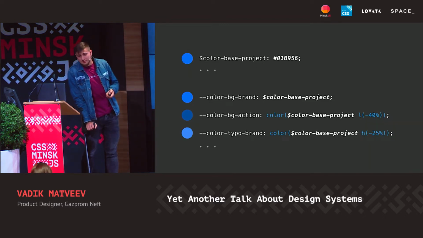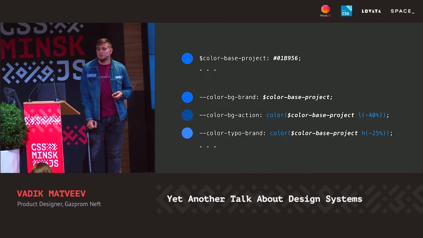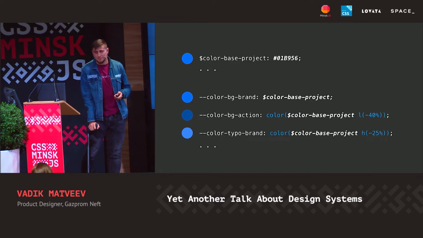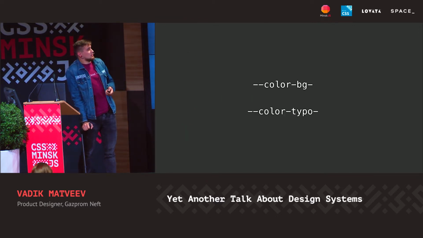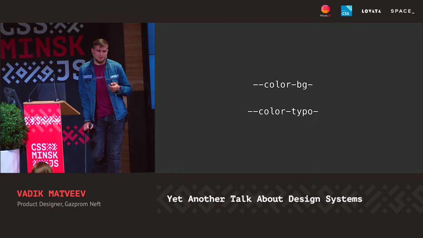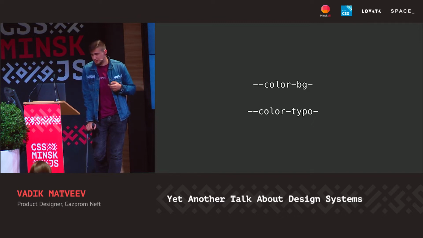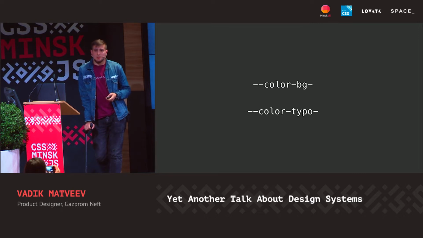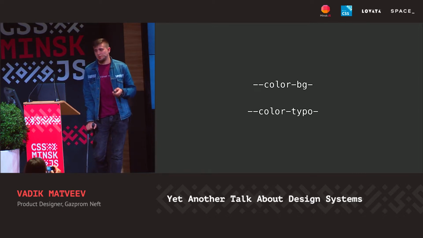They're PostCSS variables for use in color function operations. We calculate an extended palette from base variables to custom properties. As a result, we have two sets of colors, for background and for text, with prefixes color-bg and color-typo. And these variables are actually used in the project on the page.